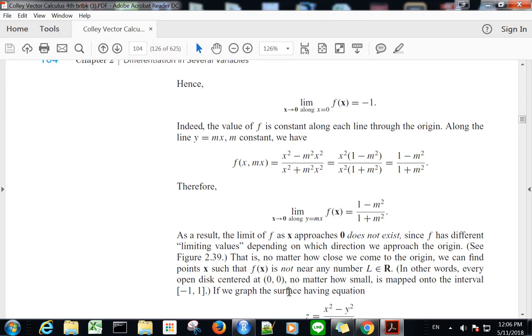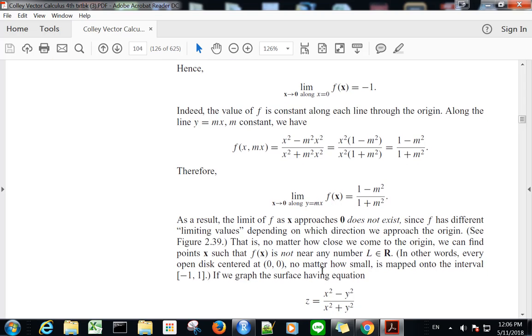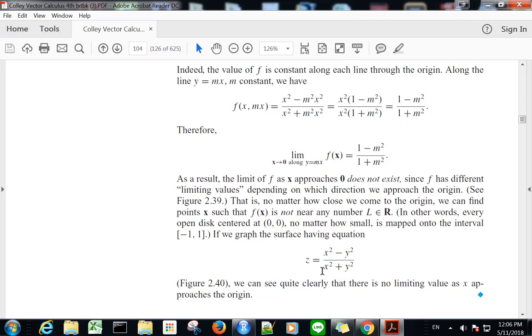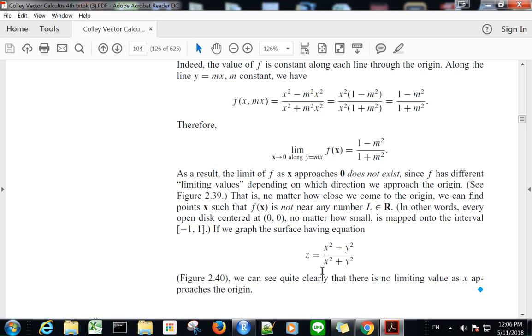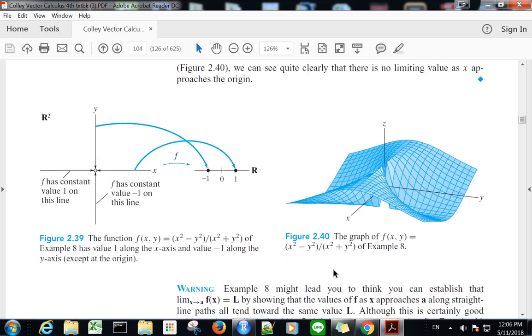In other words, every open disk centered at (0, 0), no matter how small, is mapped into the interval between -1 and 1. So it's not a single number, you're going to be able to find values in this entire interval. If we graph the surface having this equation, we can see quite clearly, well, I can't see very clearly, that there is no limiting value as x approaches the origin. Okay, so this picture.